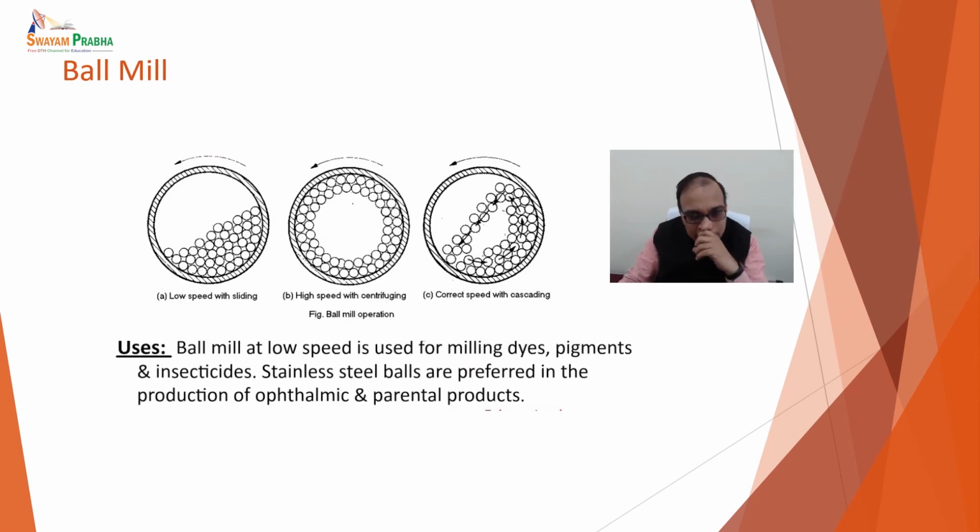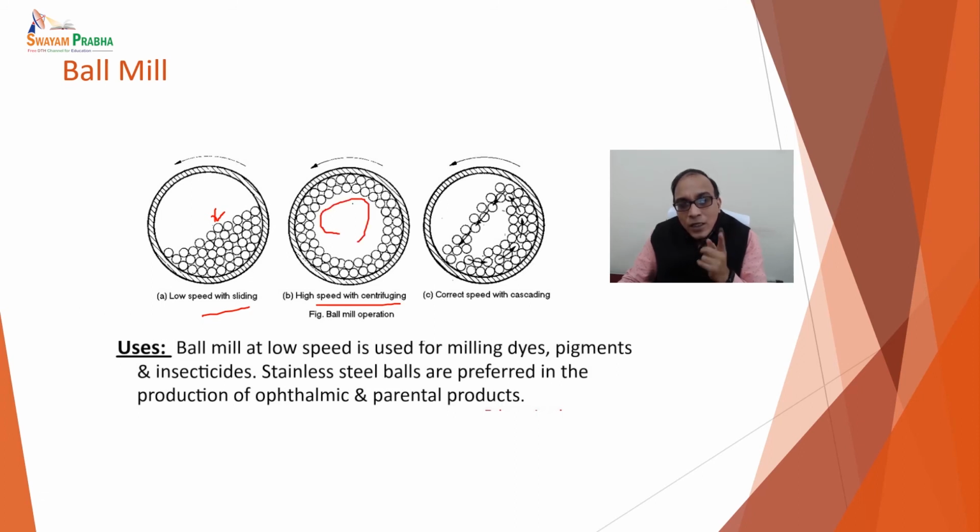Let's see the diagrammatic representation. At low speed with sliding, impact is the predominant mechanism due to the presence of balls, while at high speed with centrifuging, the balls are all over the periphery. You can see balls are all over in the periphery.